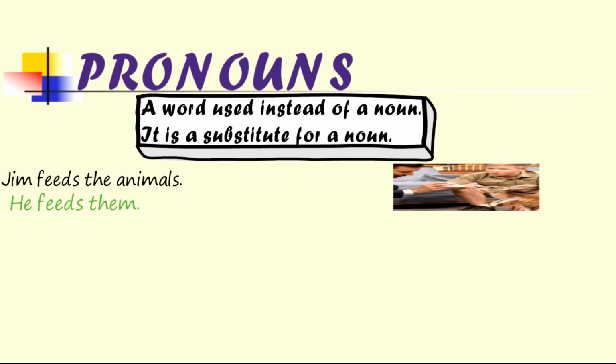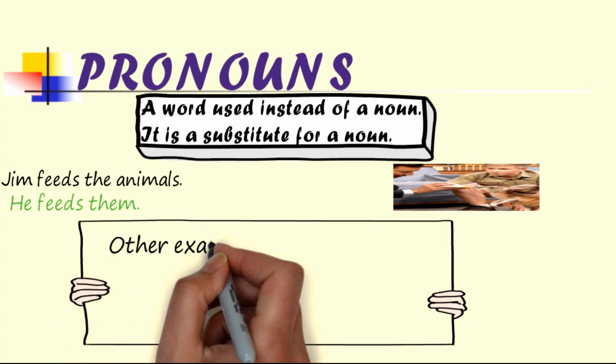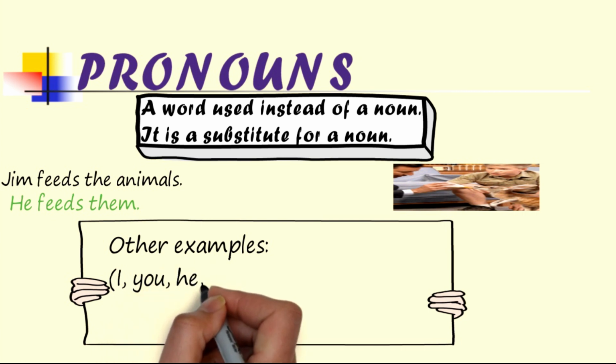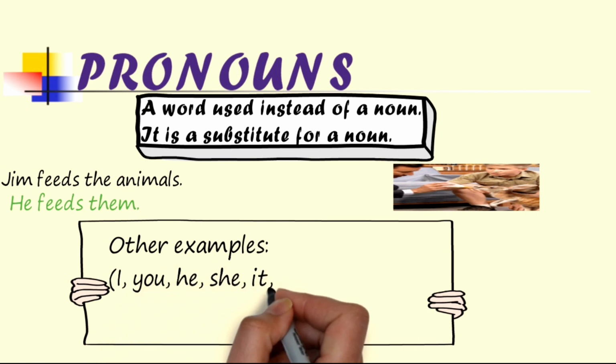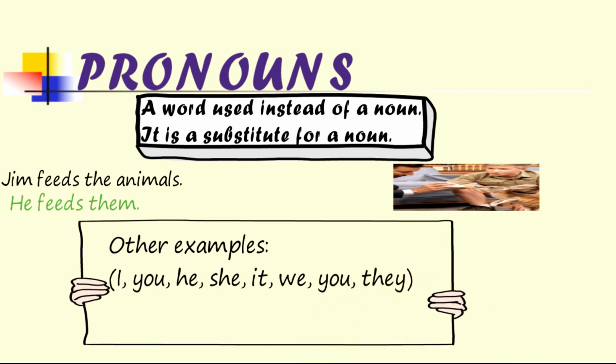These are the pronouns we have in English. You can perhaps repeat after me for pronunciation's sake. I, you, he, she, it, we, you, and they. These are subject pronouns because they start sentences.